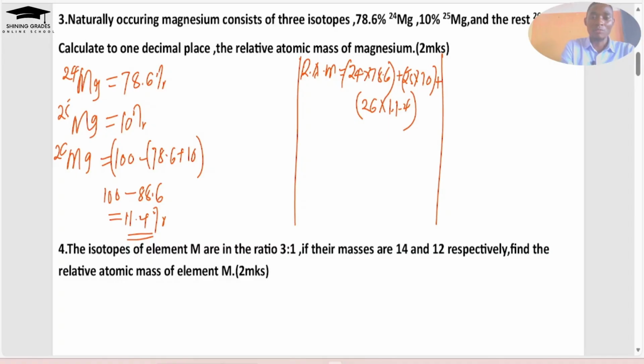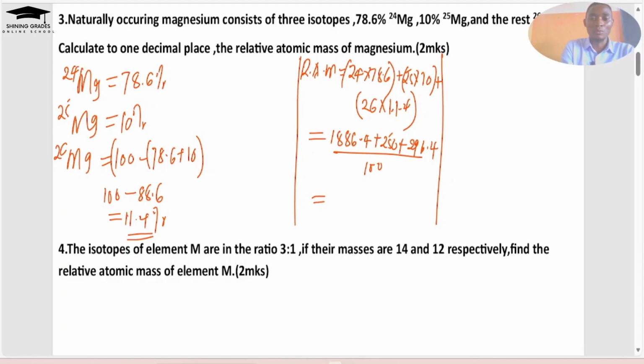So this is going to give me 1886.4 plus 250 plus 296.4, then I divide by 100.